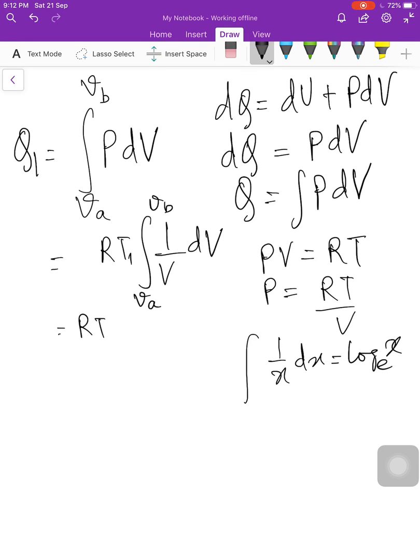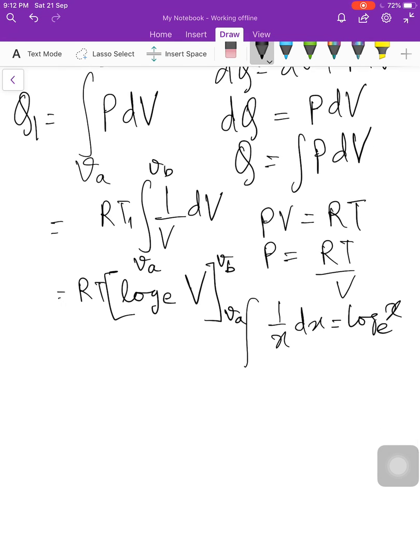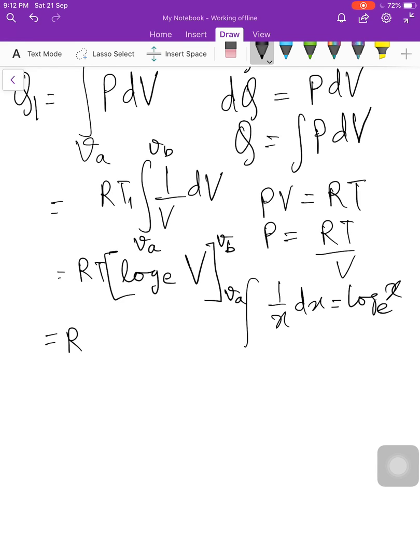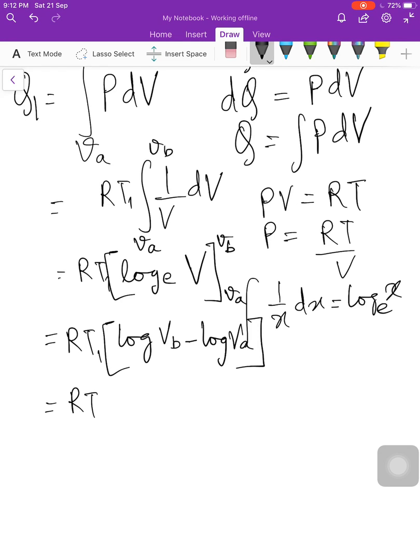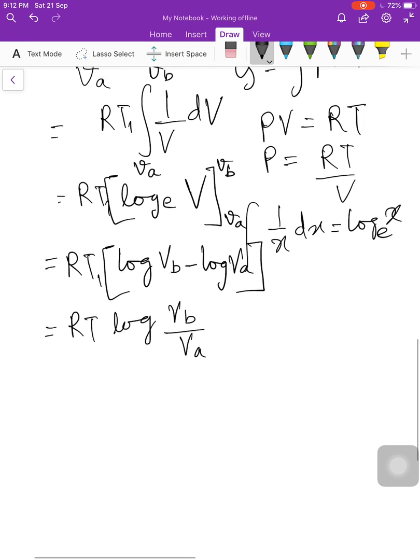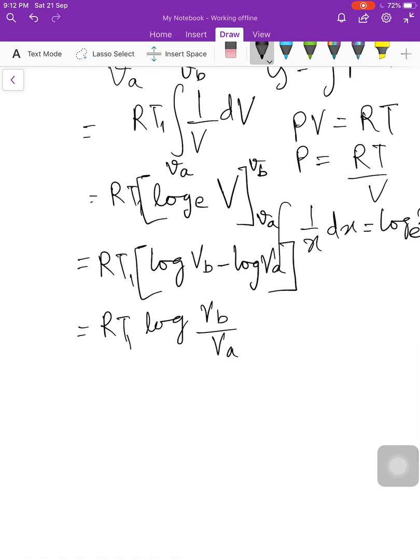So here also I'll get the same thing, log e V. And of course this is a definite integral with lower limit VA and upper limit VB. So I'm going to substitute: log VB minus log VA, times RT1. I'm missing it every time, make sure not to miss it. So Q1 equals RT1 log e VB by VA. So this is the expression for Q1.